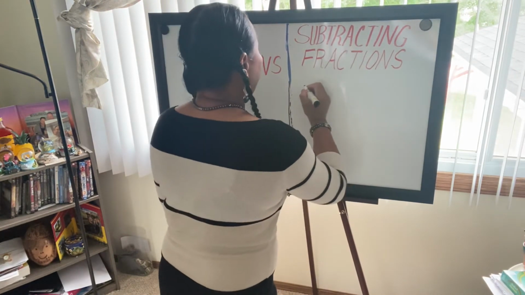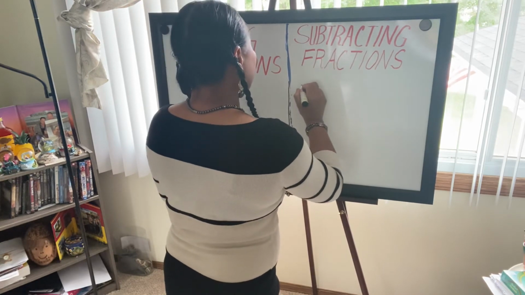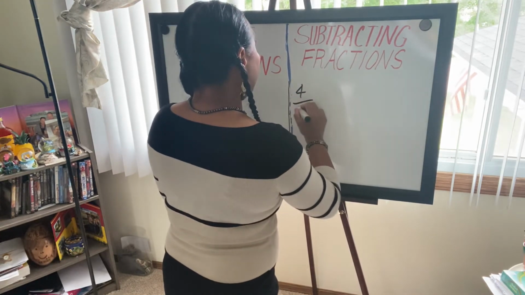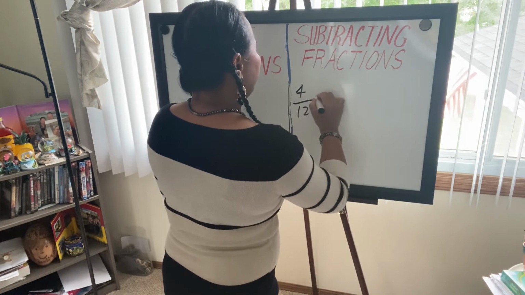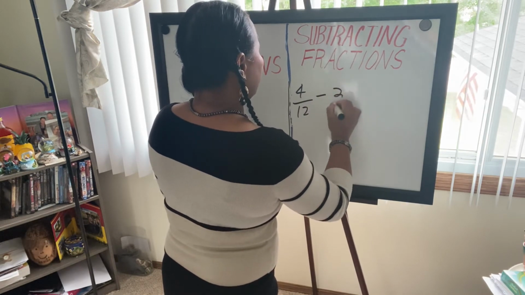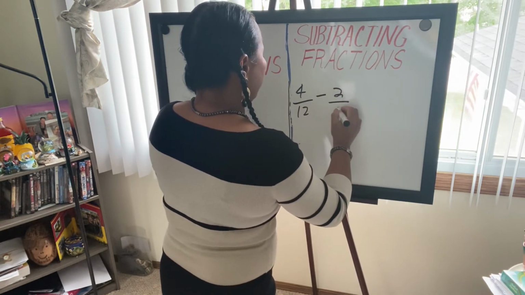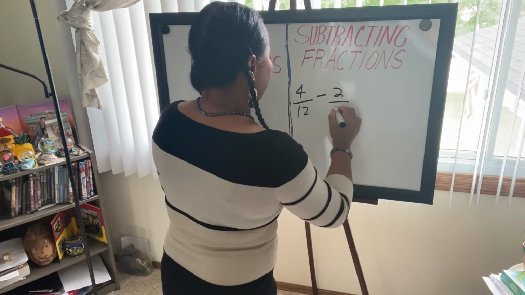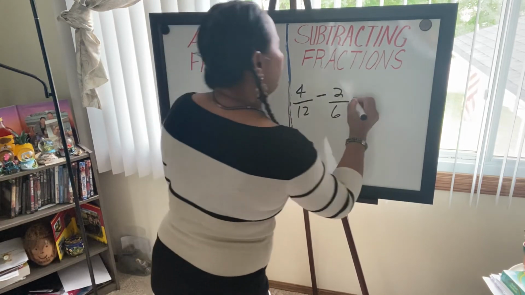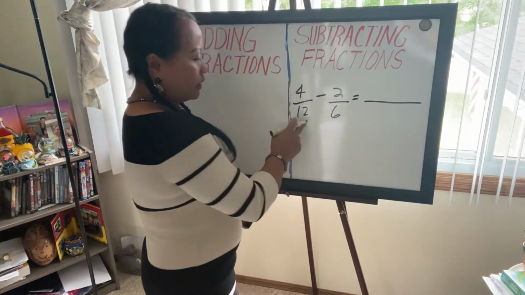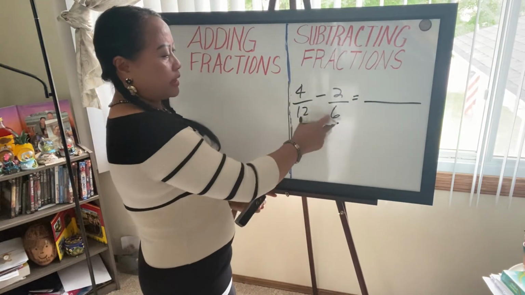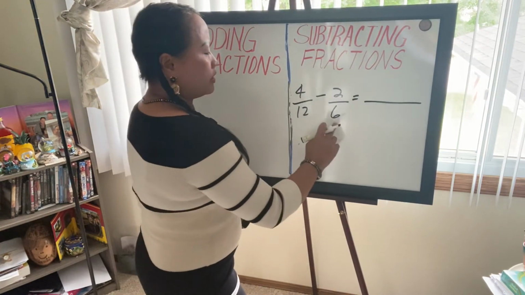Another: 4 over 12 minus 2 over, let's say 6. What is the least common multiple? LCM? Let's say 12.